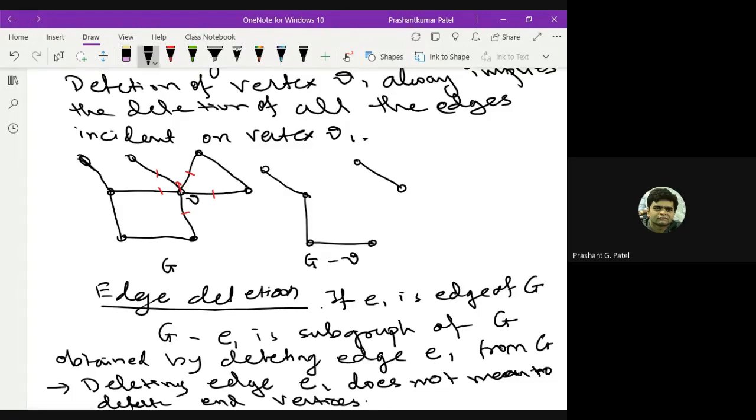For example, if I have an edge E here, and if I want to plot G minus E, deleting an edge means just deleting the edge. All the remaining things remain the same. So the graph will be like this.